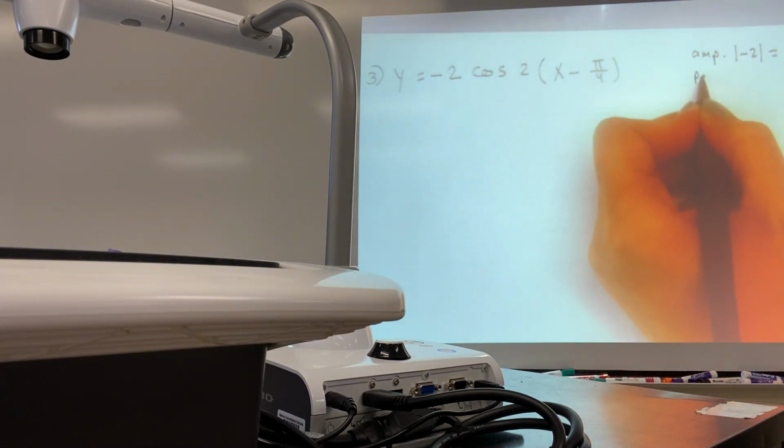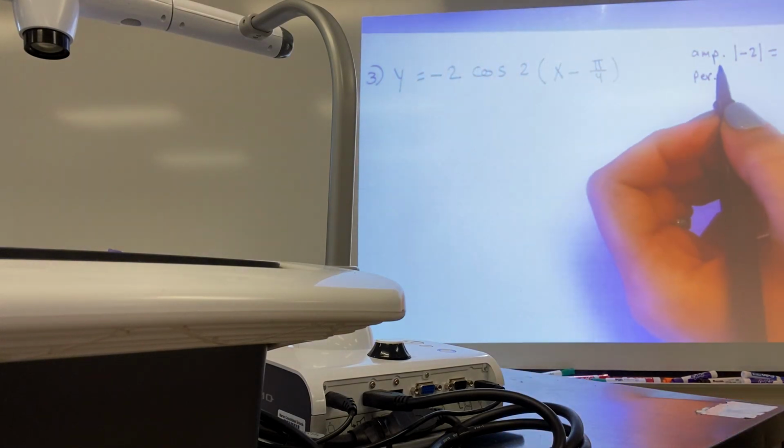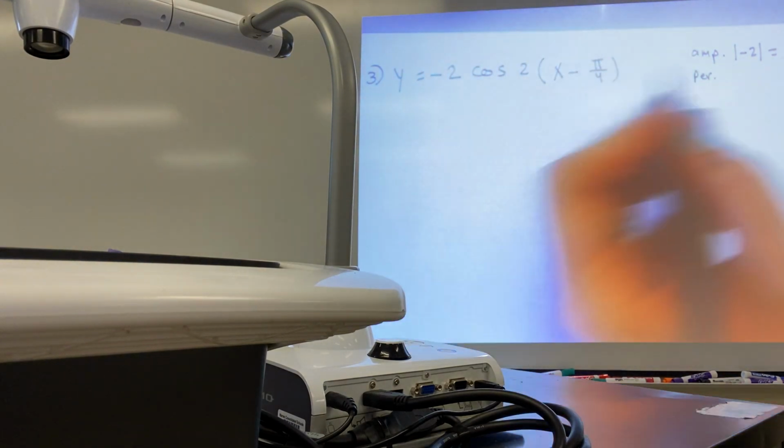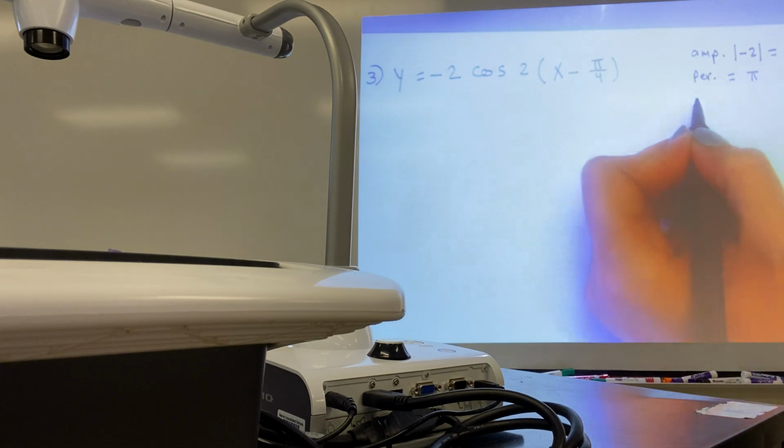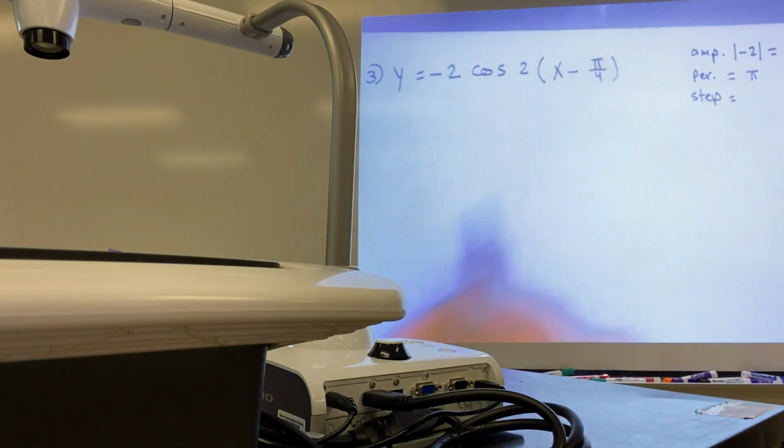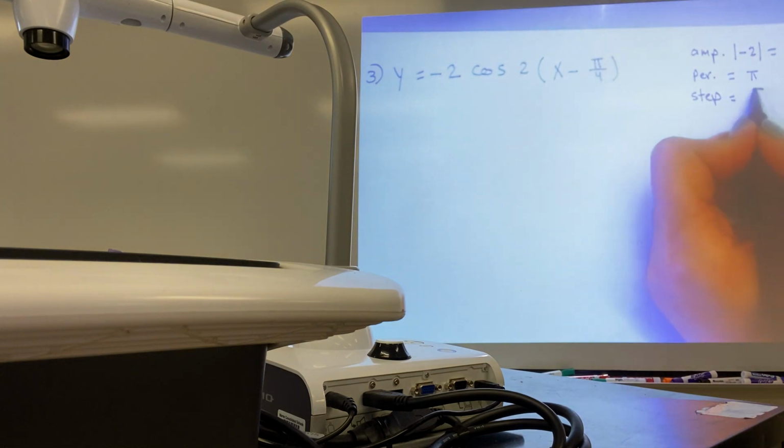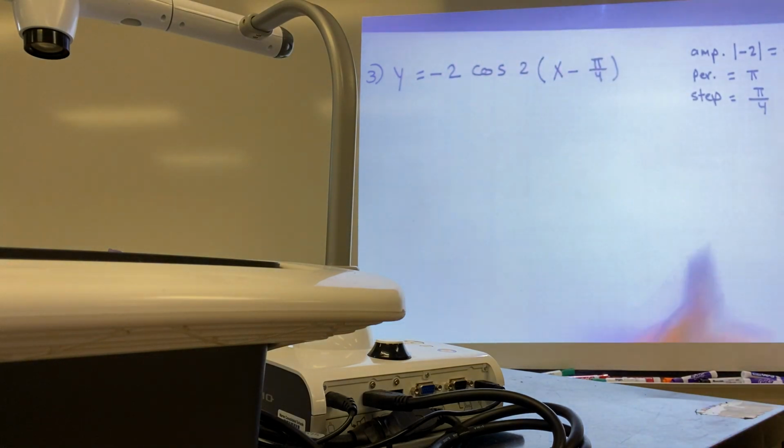Period is 2 pi over 2, and that is pi. Step is the period divided by 4, so that will be pi over 4.